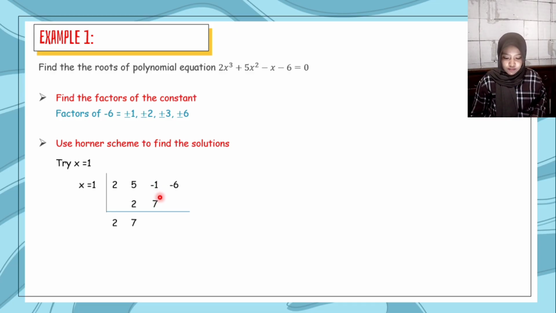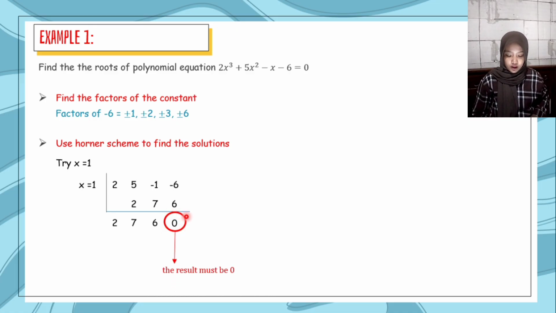Minus 1, sum of minus 1 and 7 is 6. 6 times 1 is 6. And the sum of minus 6 and 6 is 0. Well, the result here must be 0. If the result here is not 0, then x equal 1 is not a solution of the given polynomial equation.